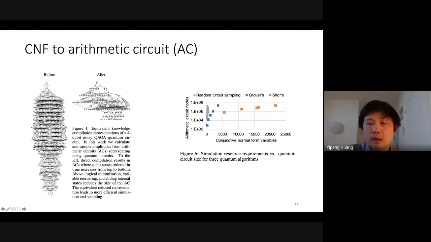And as you see, it's able to extract different amounts of structure for each of these quantum circuits. For something really challenging, like the supremacy circuits, these random circuits, it finds very little structure. For something very structured, like Grover and Shor's, it's able to extract some structure and bring down the cost of representing those circuits.